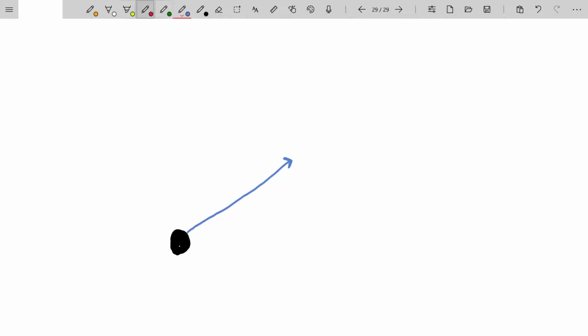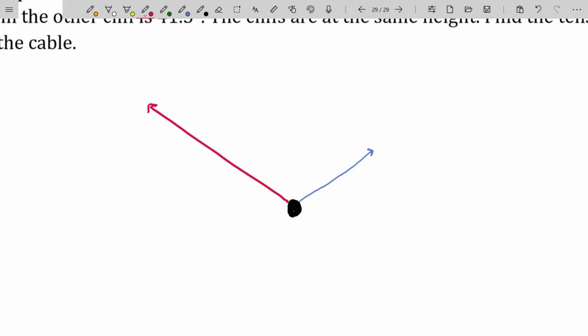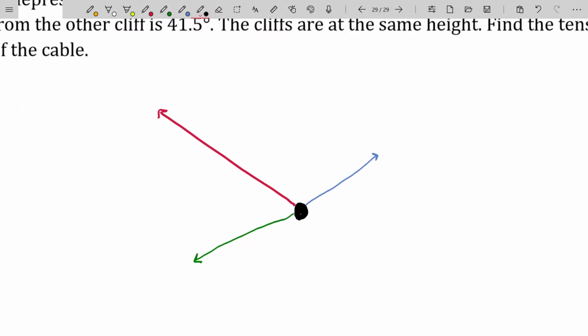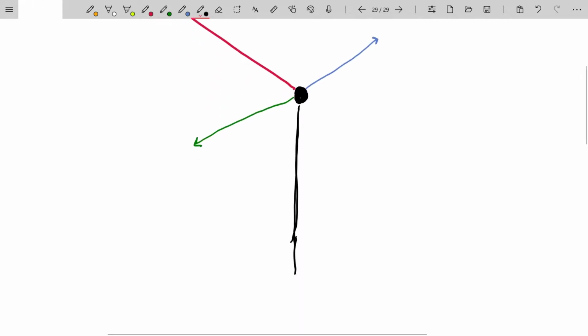But then it has a totally different force acting upon it. Maybe somebody else is pulling it this way with a slightly longer force. And let's say that there's one final force here that's pulling it directly downward. And you could probably guess what force that is, but if you can't, I'll tell you, it's its weight.